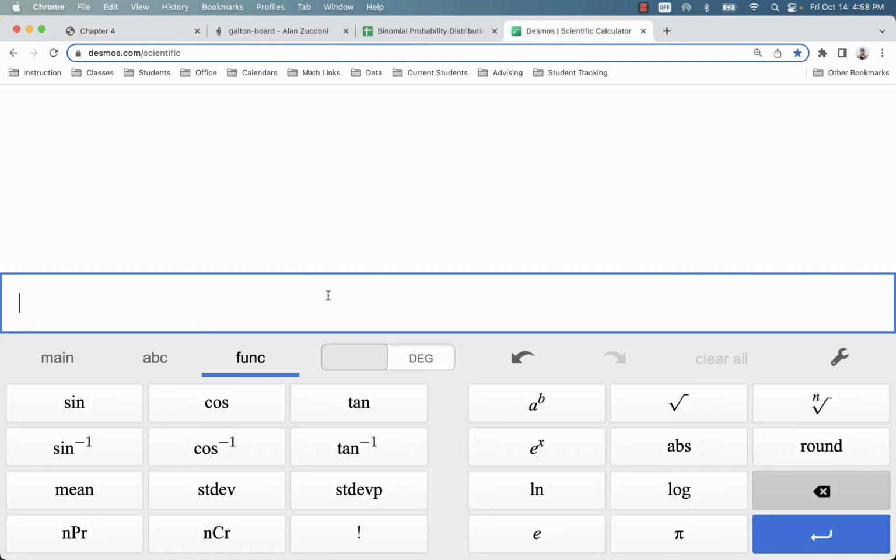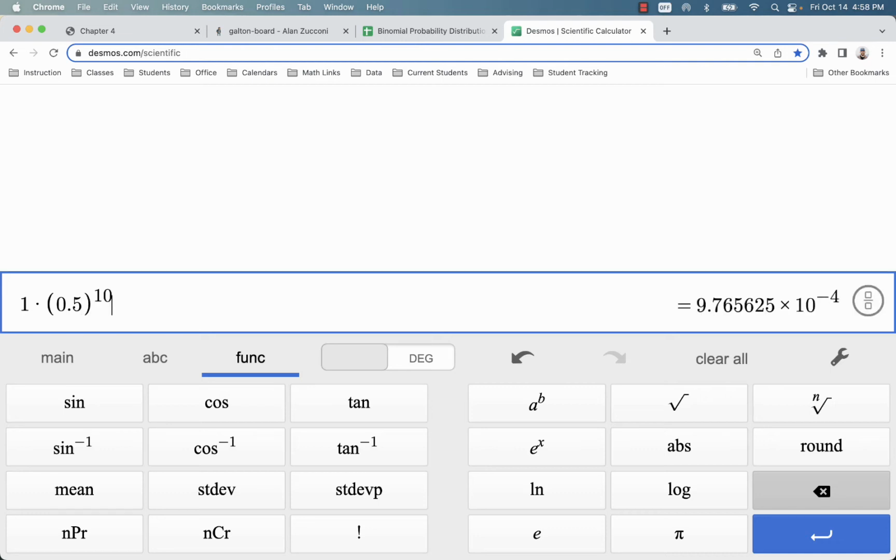So let me show you what I mean. That front piece counts how many ways it can happen. With our all to the left, we have 10 successes. We basically only have one way that can happen, times 0.5 to the 10. That's all 10 successes, times 0.5 to the 10 minus 0, because the first one is 10 successes, and it's n minus x, so 10 minus 10 is 0.